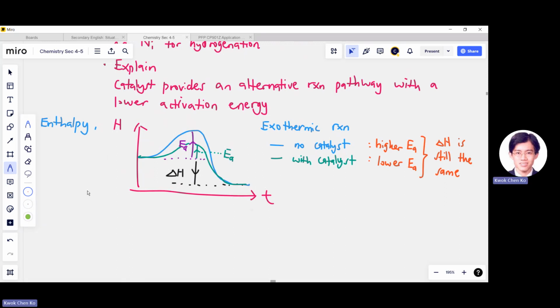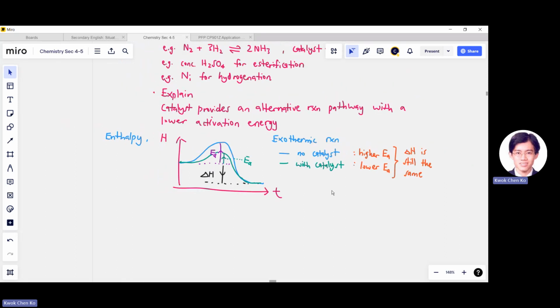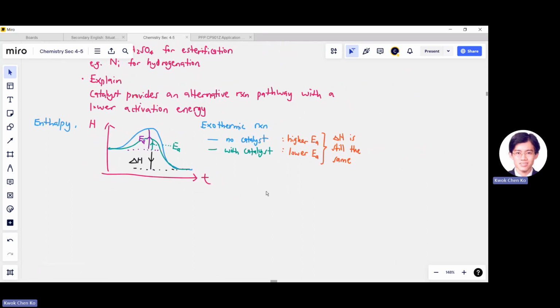Okay, not too bad, right? Simple chapter. It's almost the end already. Oh, can you add in? My explanation is not complete.